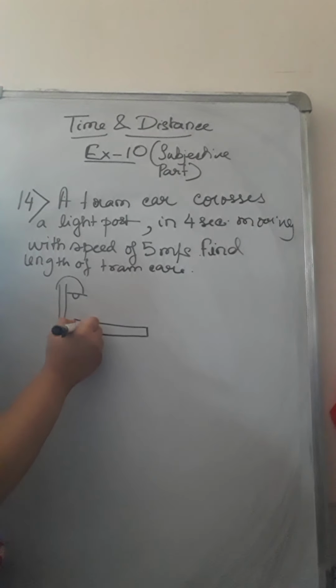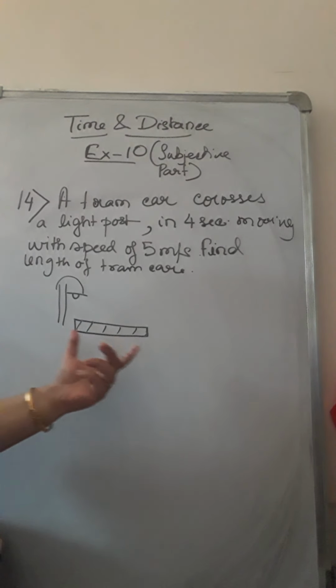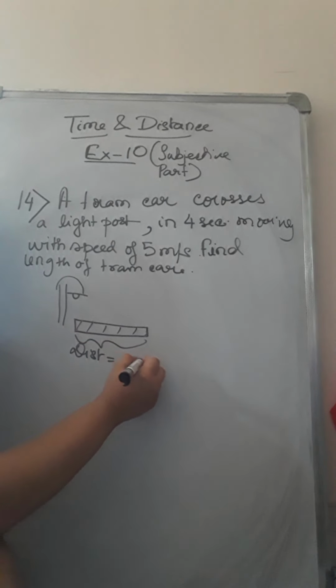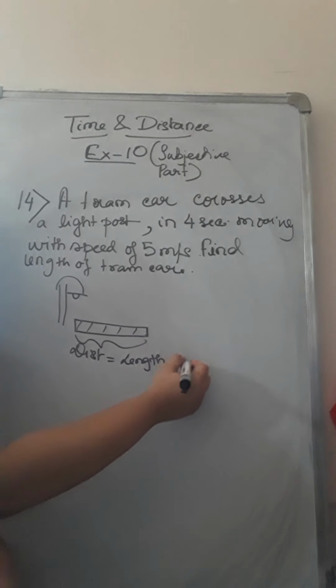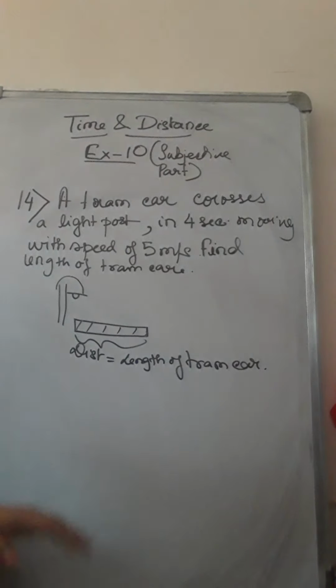So the tram car covers how much distance? So for any body to cross a standing object, how much distance should be covered? The distance covered will be equal to the length of the tram car. So we will begin the sum from here.